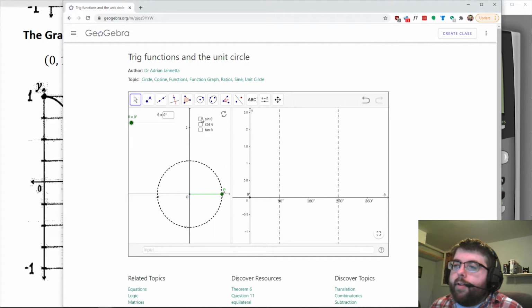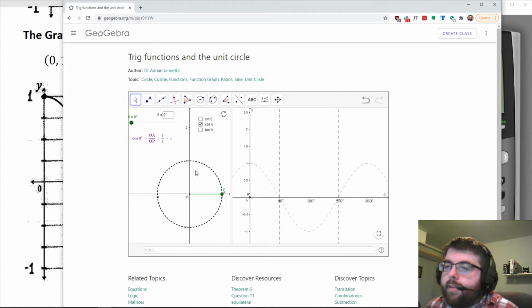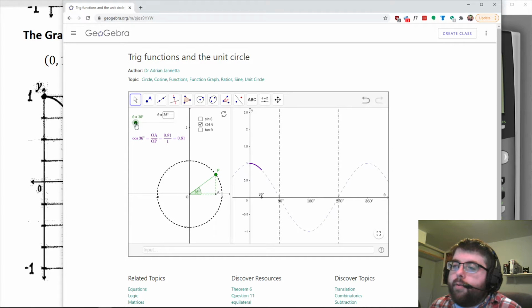So let's look at cosine over here. See the outline. If you go through the process, cosine is defined as x over the radius. So the x value starts at 1 because our ordered pair here is 1, comma 0. And as you grow the angle, it forces it closer and closer to x being 0, which would be when it lands on the y-axis. And then x is in the negative. And that's what's happening here.